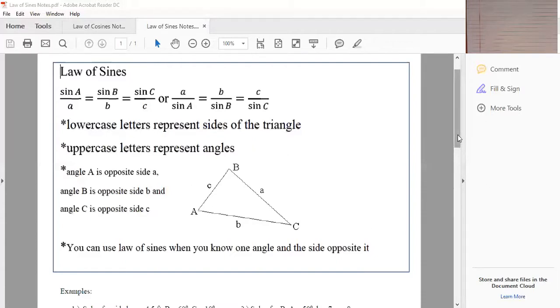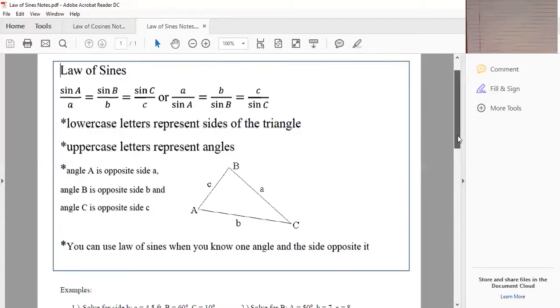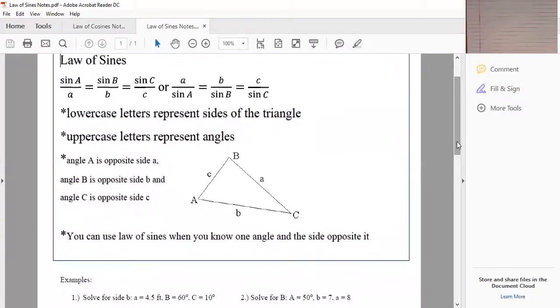All right, so at the beginning of working on these, the assignment is going to be telling you when to use law of sines and when to use law of cosines, but you can also tell when you can use the law of sines by what you know.